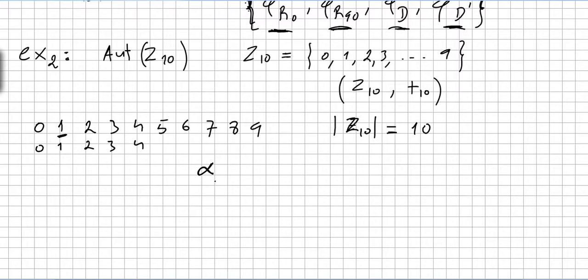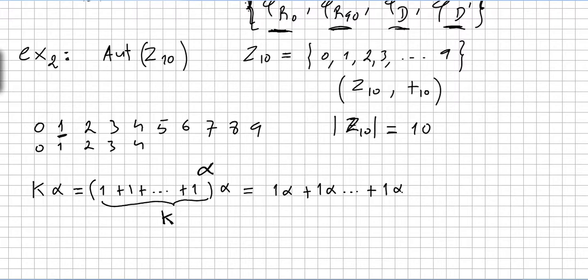So in Z10 it is really simple. For instance, if you have k of alpha, you have 1 plus 1 plus 1 alpha, and this will have k terms. That means 1 alpha plus 1 alpha plus 1 alpha, that is k times 1 alpha.